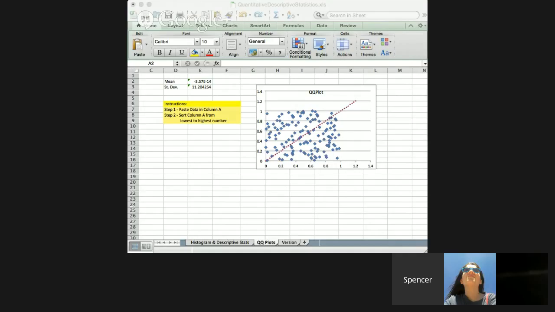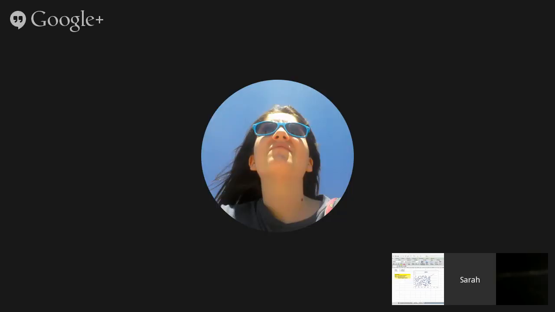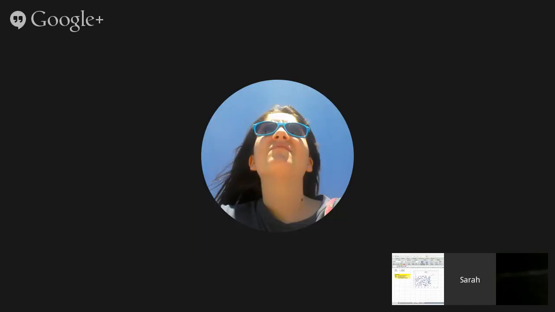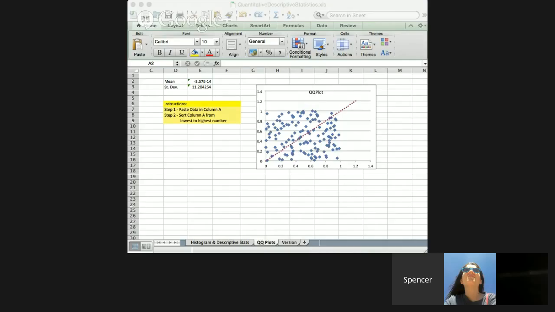Let's say there's a linear relationship, because the actual scatter plot was normal, like it has a positive linear relationship.